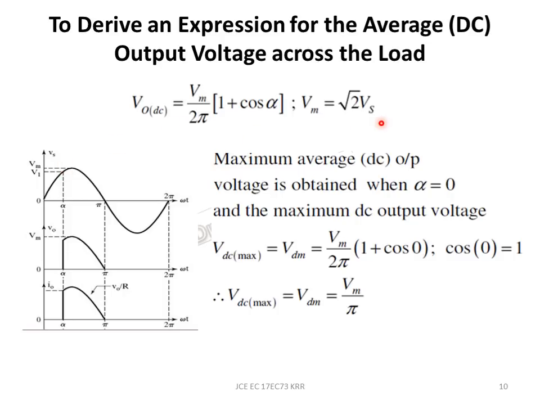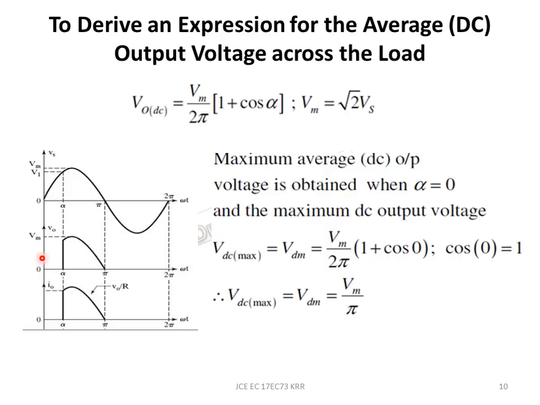So if this is the case, let us find what is the maximum output DC voltage or average voltage that we will get. We know that alpha can be changed from 0 to pi. The minimum voltage you can have is at alpha equal to 0.